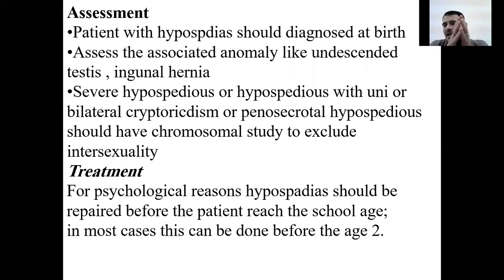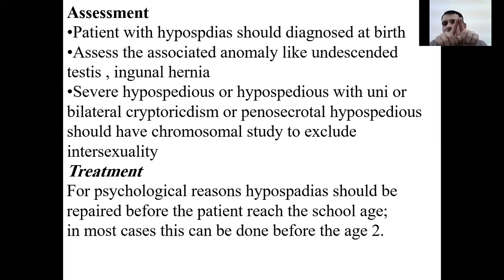So when we assess a baby with hypospadias, we should assess the position of the testis. Sometimes the patient presents with a severe type of hypospadias, called penoscrotal congenital anomaly.